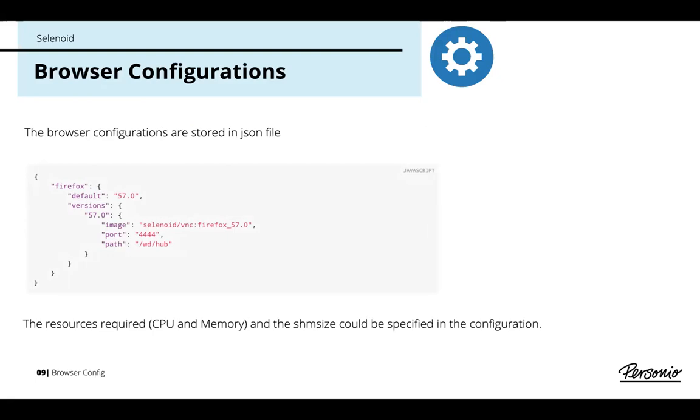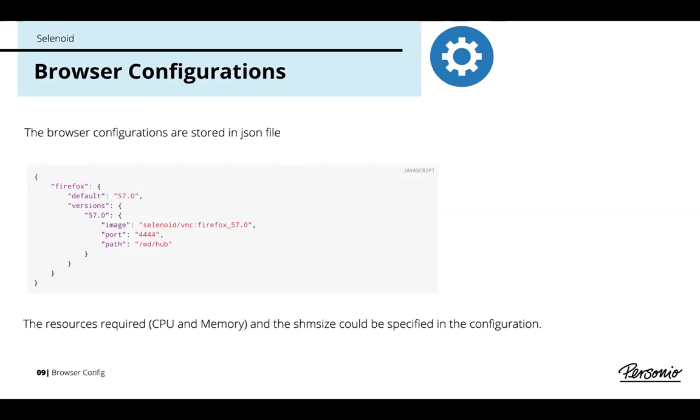This is the default version that will be taken if no version is specified. And here inside of the versions, you can specify a lot of versions that you need to test against. And these are the images that you are pulling from the Docker repository or a private Docker repository.